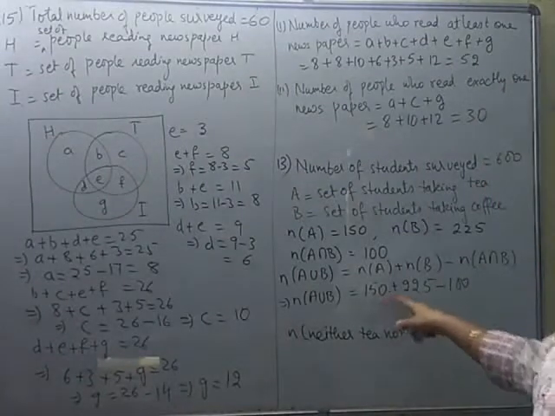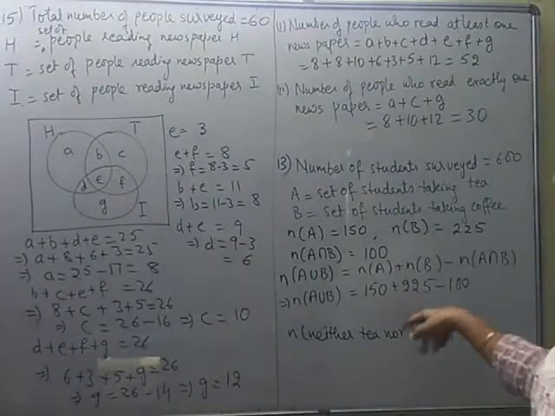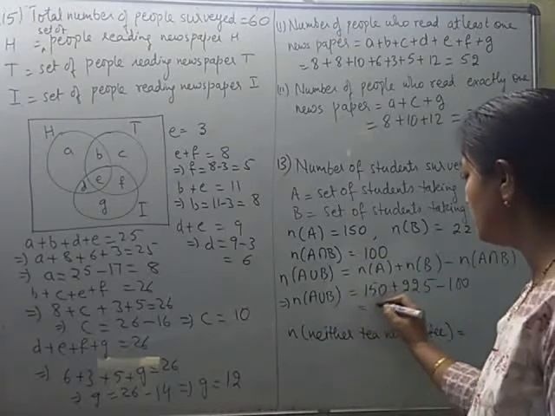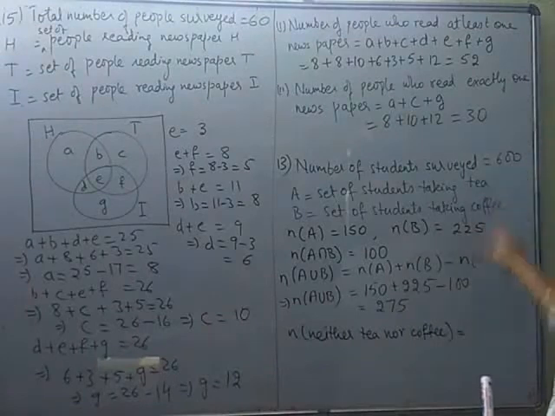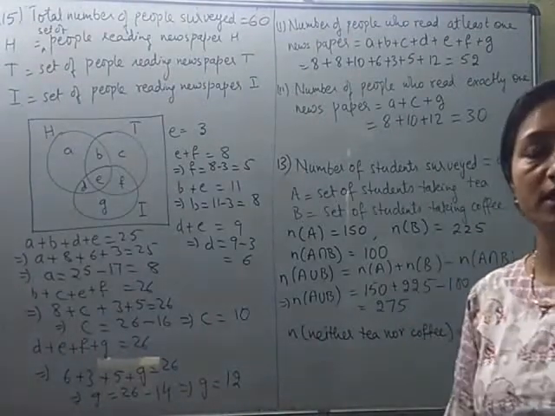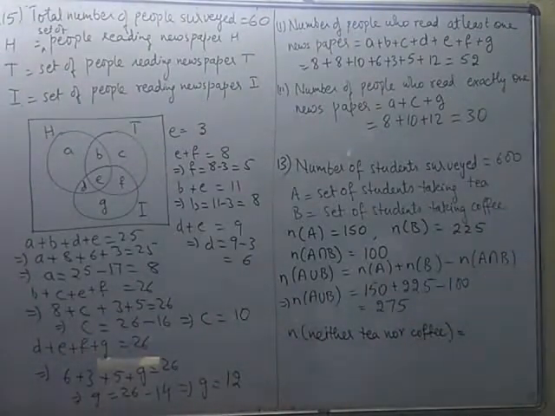So if you see 150 minus 100 will be 50. So 225 plus 50 I have to do, that comes out to be 275. So out of 600 students, there are 275 who were either taking tea or coffee.